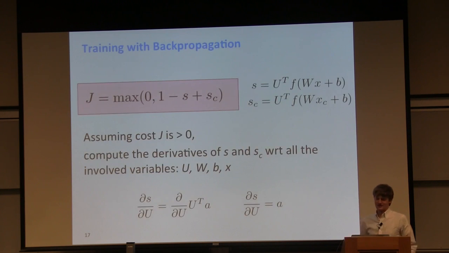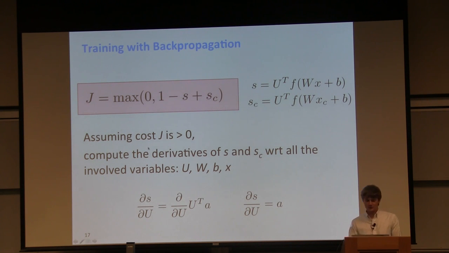Okay, so now let's go into backpropagation. So this is basically our main function, and we only have to really look at scores and derivatives when the cost function for that window pair is actually larger than 0, right? Again, if this part is smaller than 0, you just jump to 0 and there's nothing to take derivatives of. The derivative with respect to all our parameters of 0 is just 0.